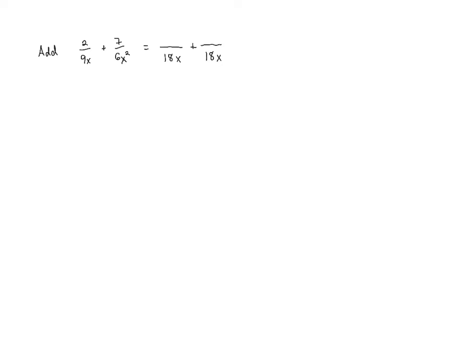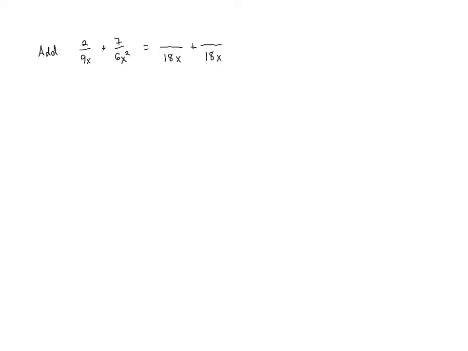So that doesn't really present a problem, but we will have a problem when we look at the other denominator. If we look at 6x squared and we ask ourselves, what can we multiply 6x squared by to get 18x? The problem is that if we multiply by 3, we end up with 18x squared. We can't multiply by anything nice and end up with 18x because we already have an x squared here.